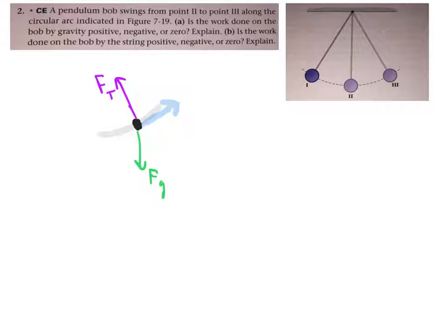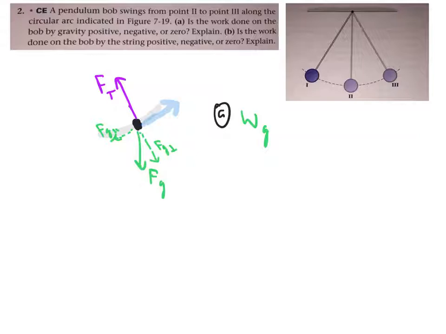So in part A, the work done by gravity is going to be negative, because if we consider gravity to consist of two components, Fg perpendicular and Fg parallel along the motion, we can see that gravity is tending to pull backward on the bob compared to the original motion.